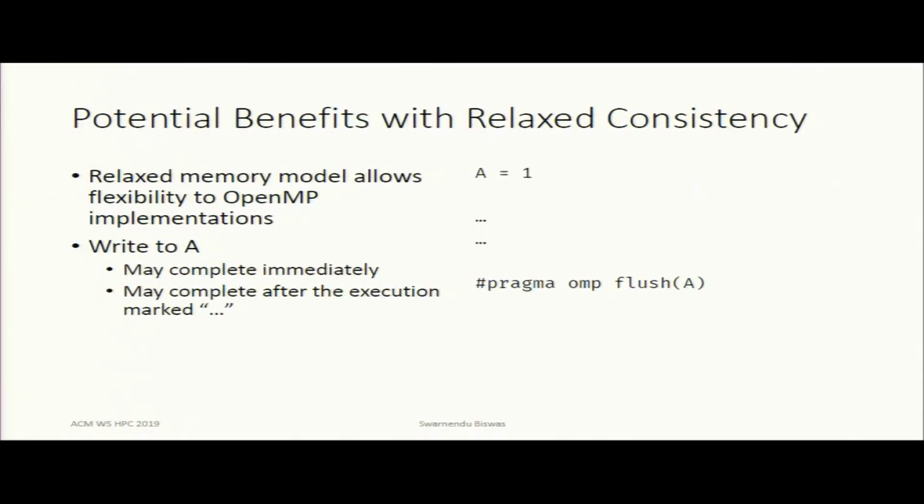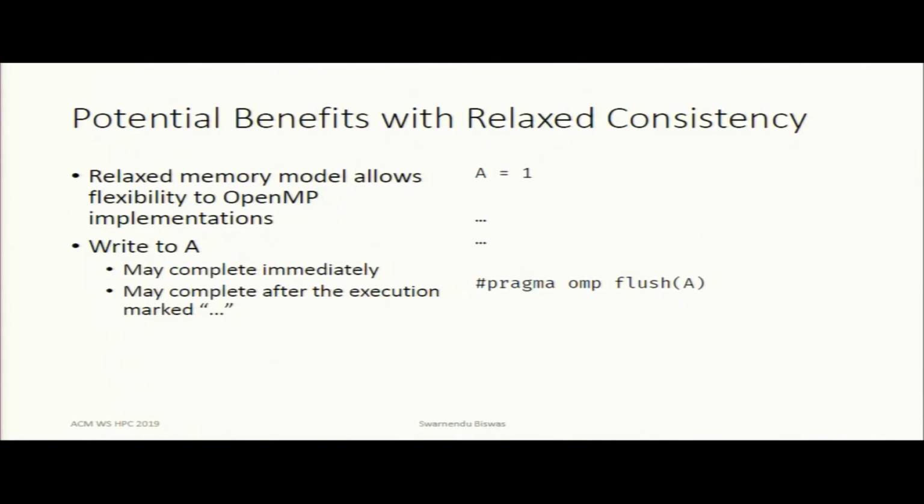Okay, let's move on. The relaxed memory model allows flexibility to OpenMP implementations. So now think of yourself as an OpenMP implementer, not an application developer. Relaxed consistency memory model means that once you have A equal to 1 and a #pragma omp flush A, because this is a relaxed consistency memory model, as an implementer you don't need to ensure that A equal to 1 is visible immediately.